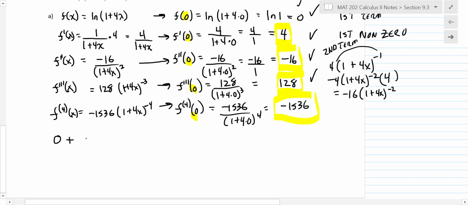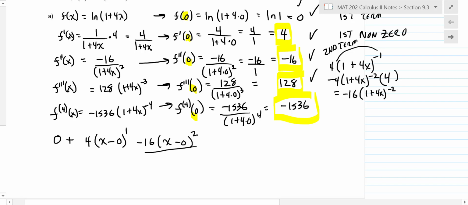So now this one's going to be 4. This is your second term. So it's going to be 4 times x minus 0 to the first, like that. Okay? Then once we get to the quadratic term, we do negative 16. So I'm going to go ahead and just write this as minus 16. Then what do we have? x minus 0 to what power?